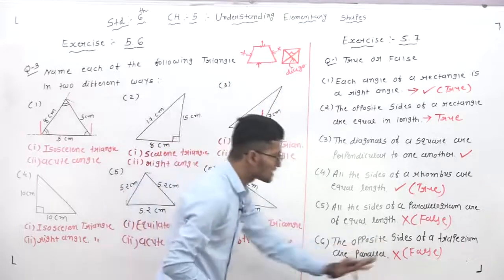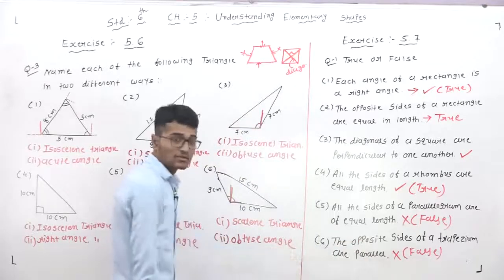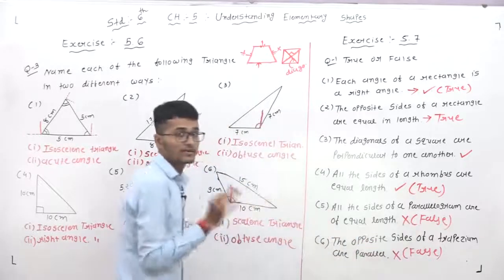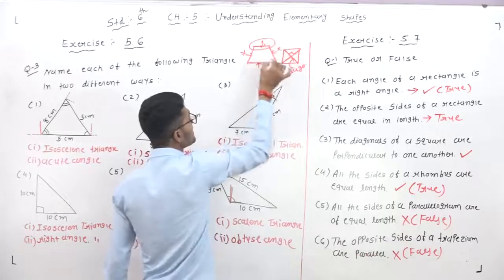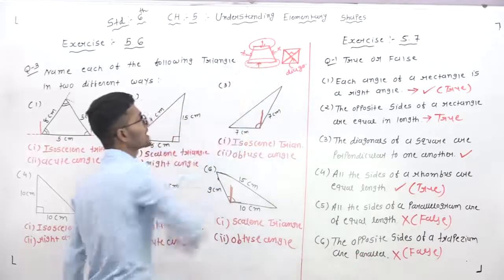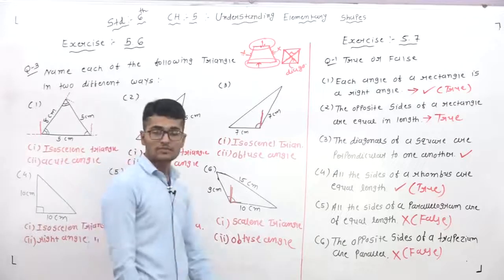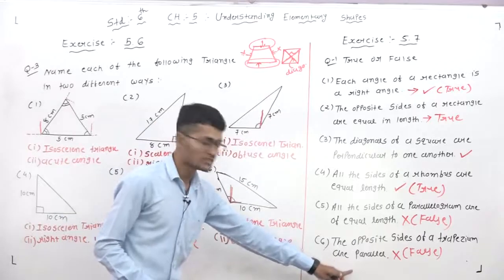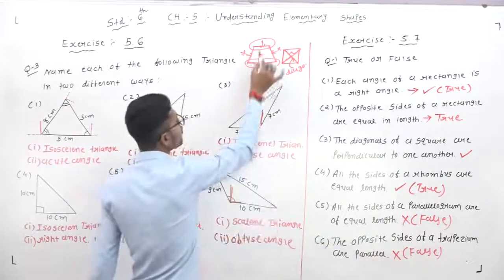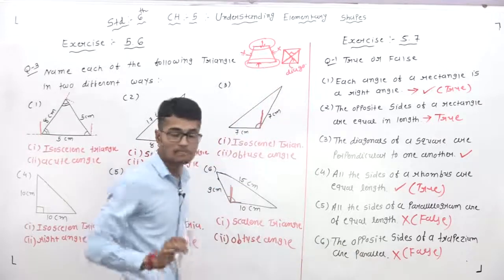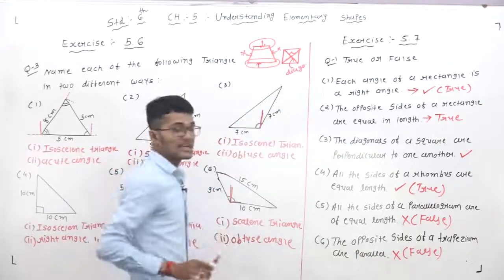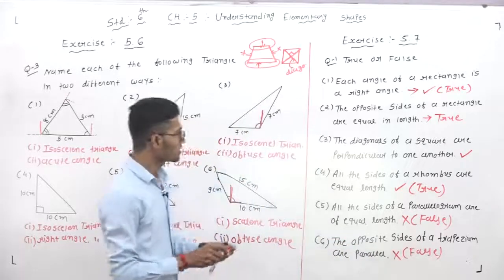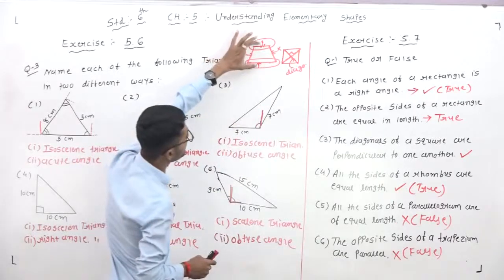Which type of sides are parallel is not classified in this question. Here it is only given that the two opposite sides of a trapezium are parallel. These two sides are only parallel, and these two sides are not parallel. But here it is not classified which sides are parallel, so the answer is wrong, false. The two parallel sides are called the bases, and the others are the non-parallel sides.